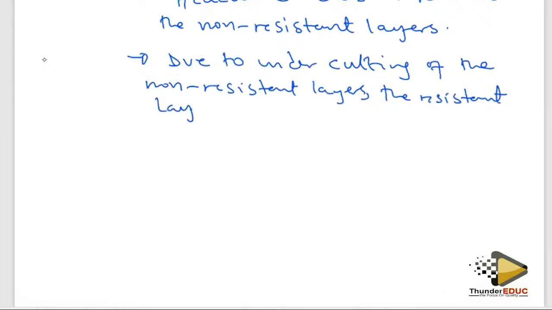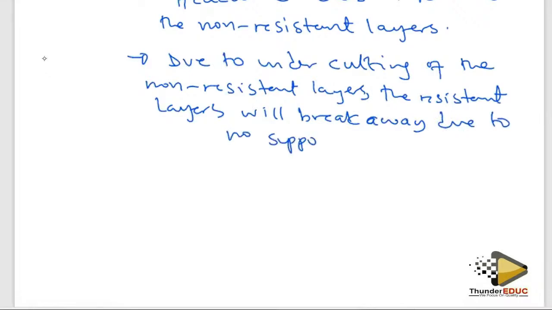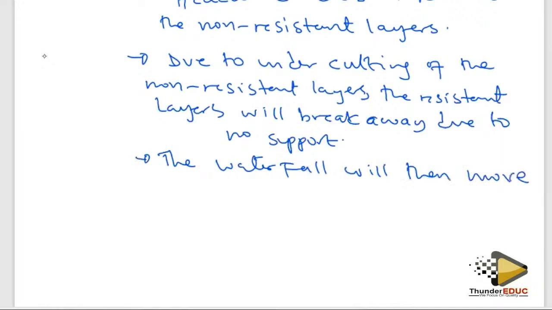The resistant layers will break away due to no support, and the waterfall will then move upstream.